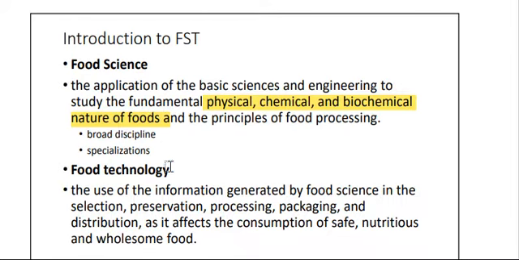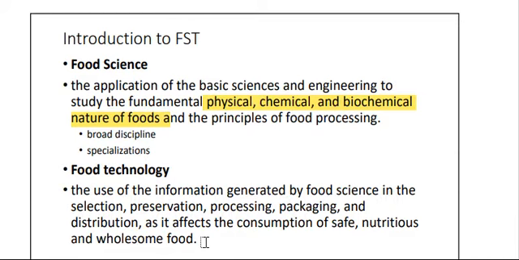So this is the food science definition, and when we apply the knowledge we get from food science to study the food, to process the food, to preserve the food, distribute it, then we say that it is food technology. This is the main difference between food science and food technology. I don't need to explain in detail what is food science and what is food technology. Definitions are given here.